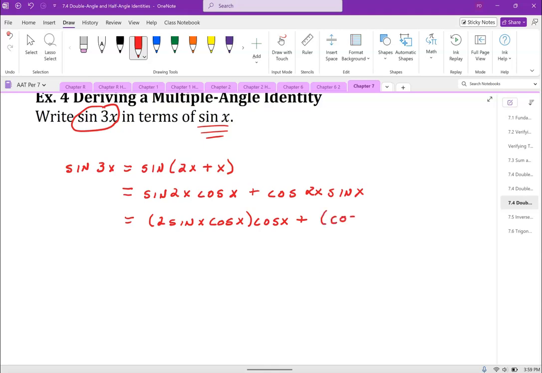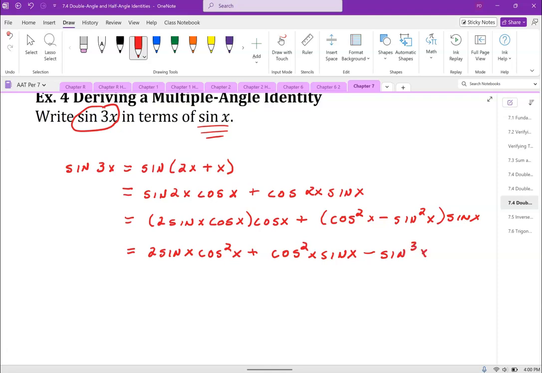I'm going to go with cosine squared x minus sine squared x times sine x. And now I'm simply going to multiply. So if I multiply 2 sine x cosine x times cosine x, I get 2 sine x times cosine squared x. Plus, if I distribute this, I get cosine squared x sine x minus sine cubed x.